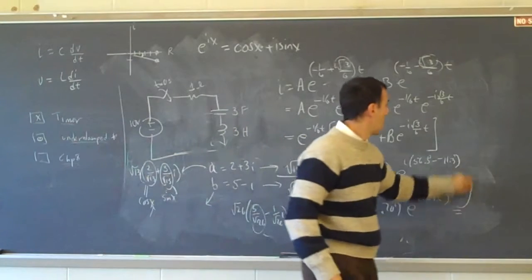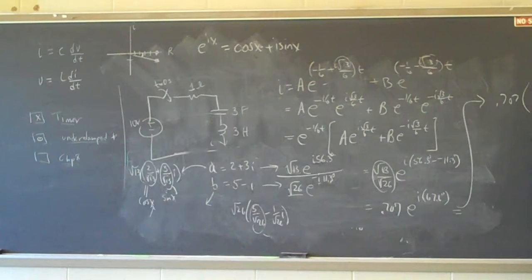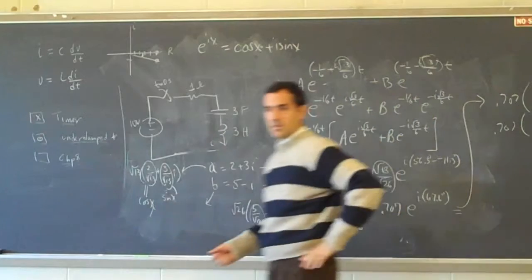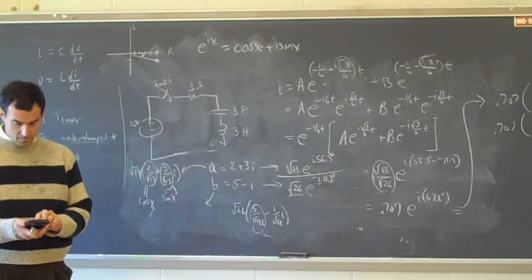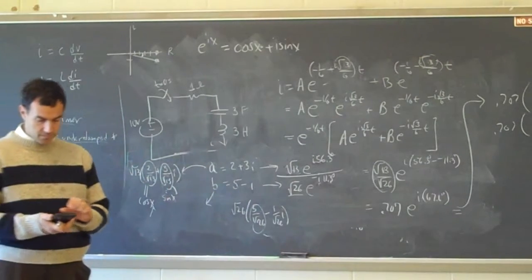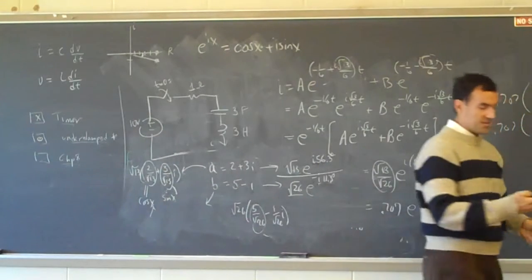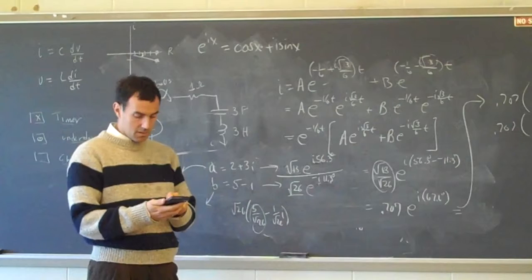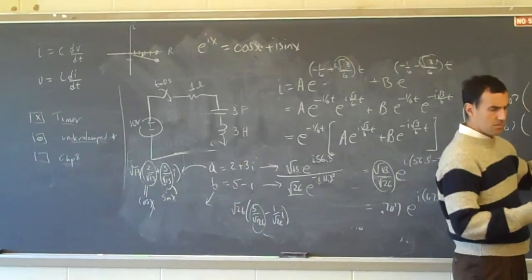So I have 0.707 times cosine 67.6 degrees plus i sine 67.6 degrees, which is 0.707. Cosine of 67.6 is 0.38. And sine of 67.6, I get 0.92.